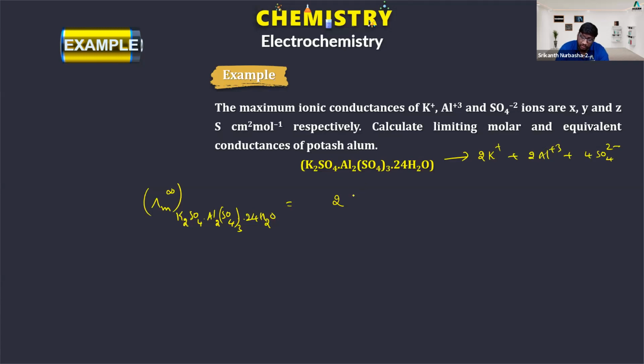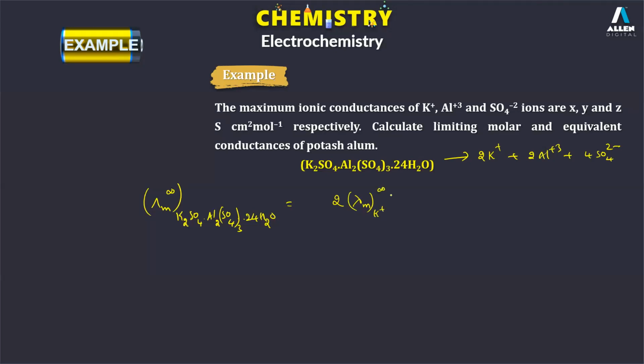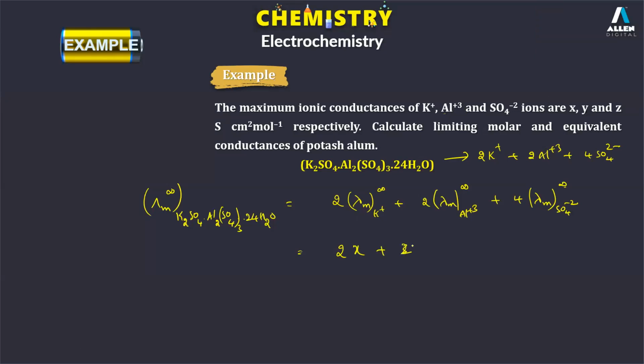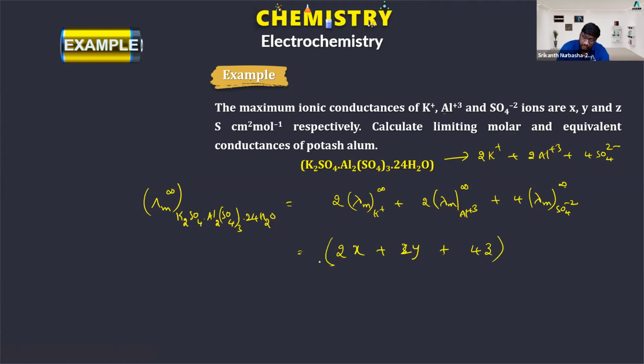So 2 times the molar conductance of K plus at infinite dilution plus 2 times that of Al plus 3 plus 4 times that of sulfate. K plus is x, Al plus 3 is y, so it is 2x plus 2y plus 4z. This is your molar conductance in Siemens centimeter square mole inverse.